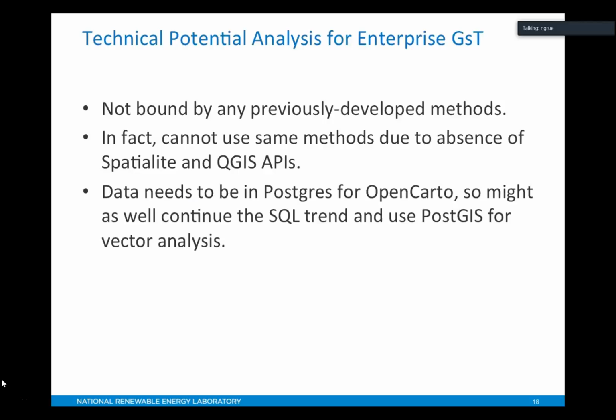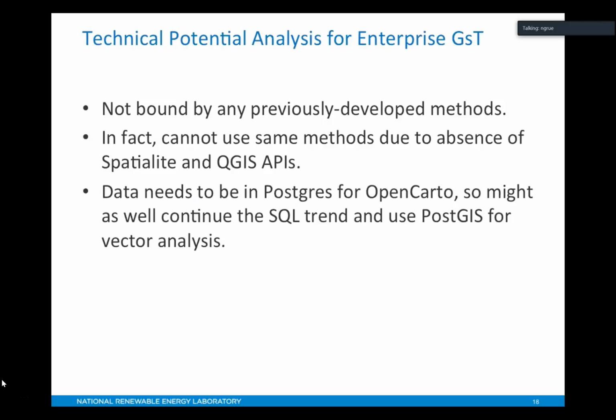For the desktop version, we use a Spatialite database, which is built off of SQLite, and either did SQL queries in the Spatialite database or use the QGIS API because the desktop GST is built off of QGIS. And so we can't use those same methods online because we're not using the same technology.